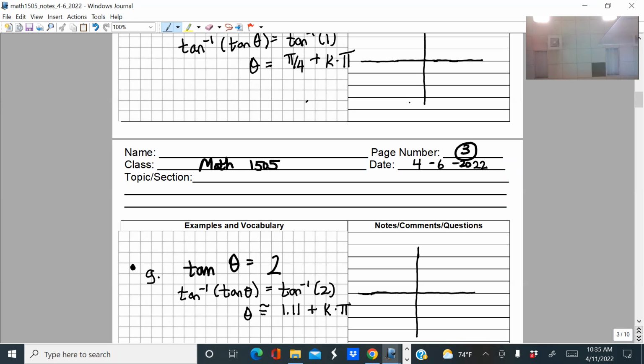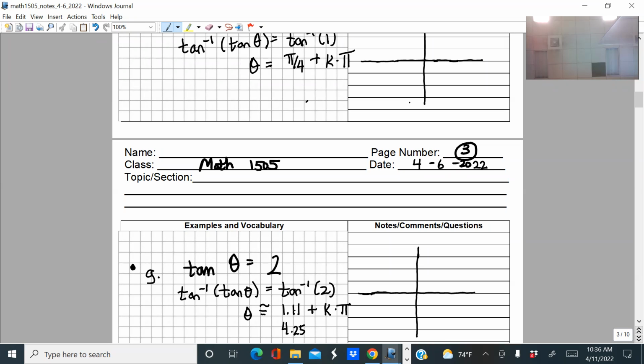Ooh, let's check that one. So let's add on a multiple of pi to this. So pi is about 3.14, right? So if I add on 1 pi to 1.11, I'm going to get about 4.25, right? 3.14 plus 1.11 is 4.25.